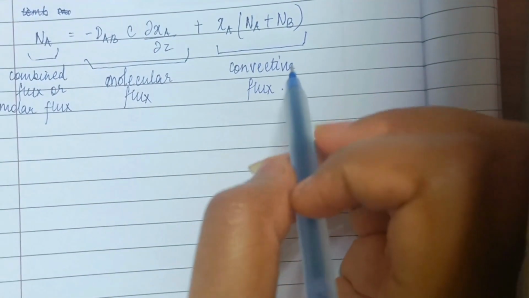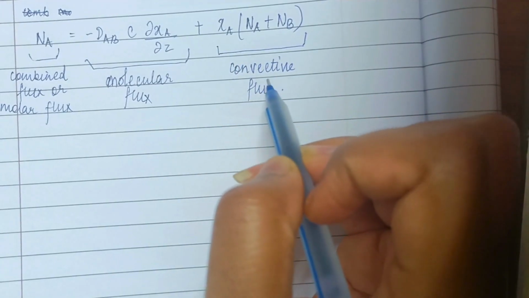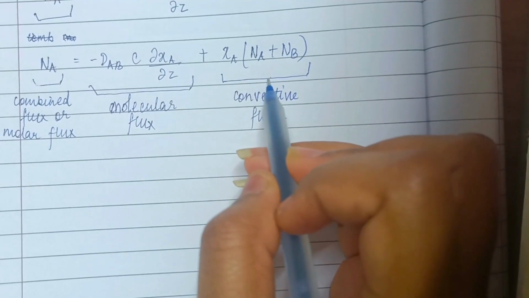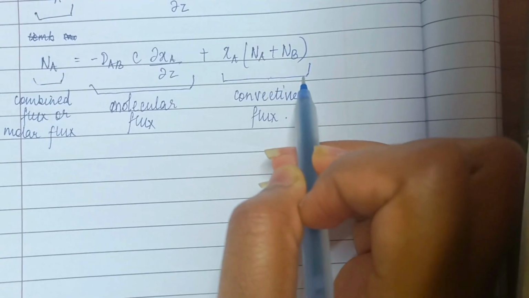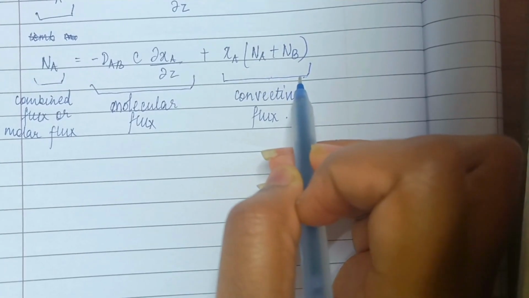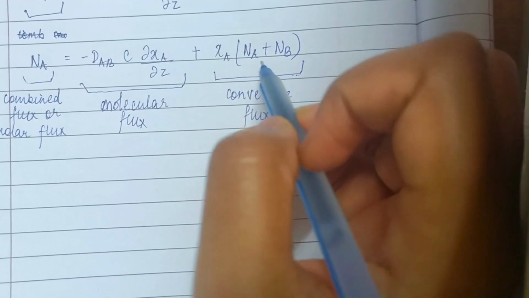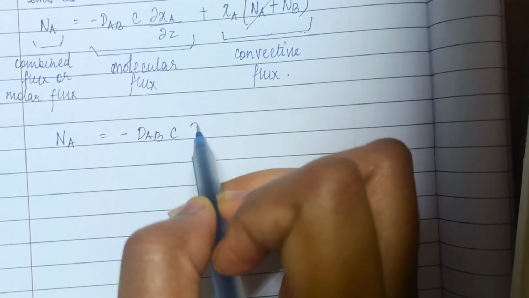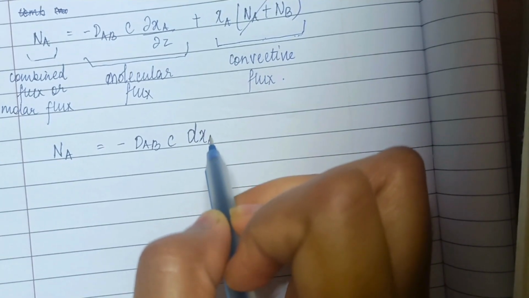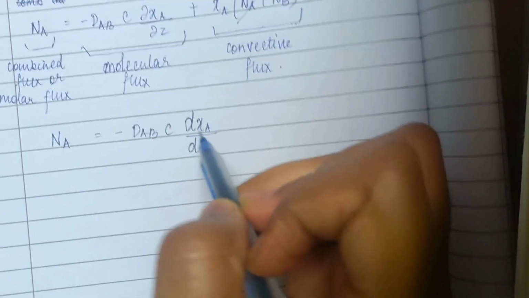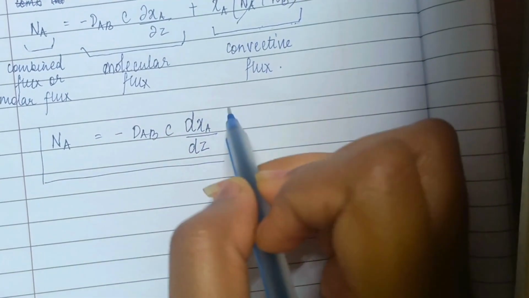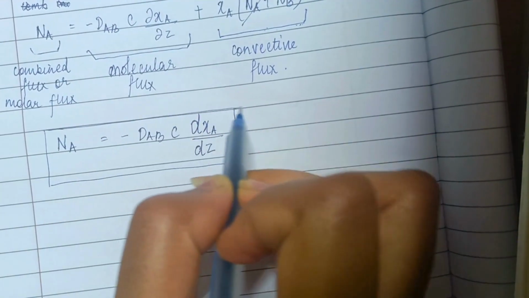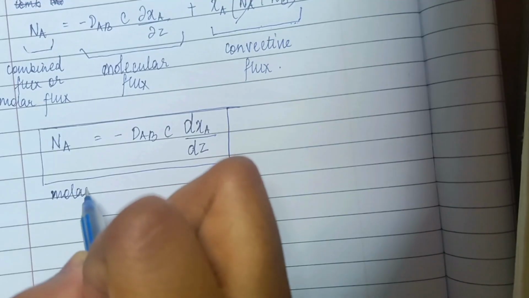Now, since the concentration of A is very small and the liquid layer of B is stagnant, we can assume the convective flux term to be 0 and we can neglect it. So, we can write NA is equal to minus DAB into C into dXA by dZ. This becomes our combined flux or molar flux term.